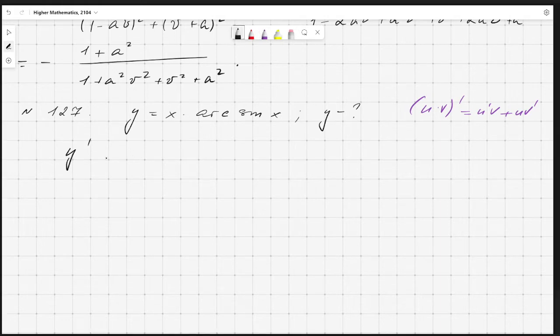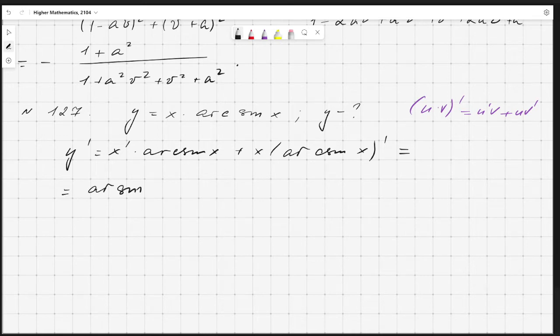We can see y prime is x prime times arcsine of x plus x times arcsine of x prime. Oh, x prime is 1, arcsine just write down. Derivative of arcsine is square root of 1 minus x squared in denominator.